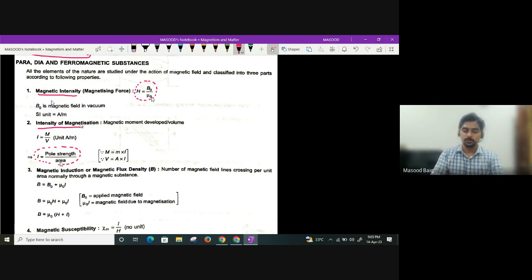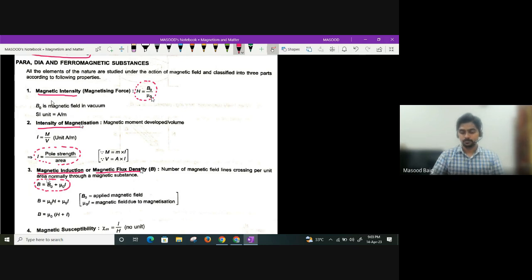Then we have magnetic induction, also called magnetic flux density. It is similar to flux, guys. How will it be given? Applied magnetic field plus mu naught into I.